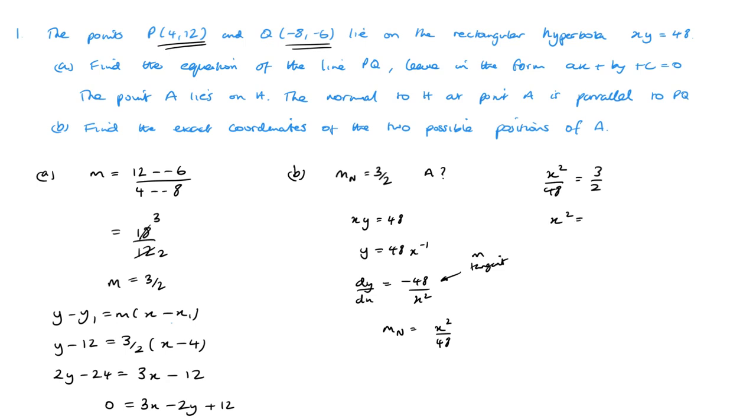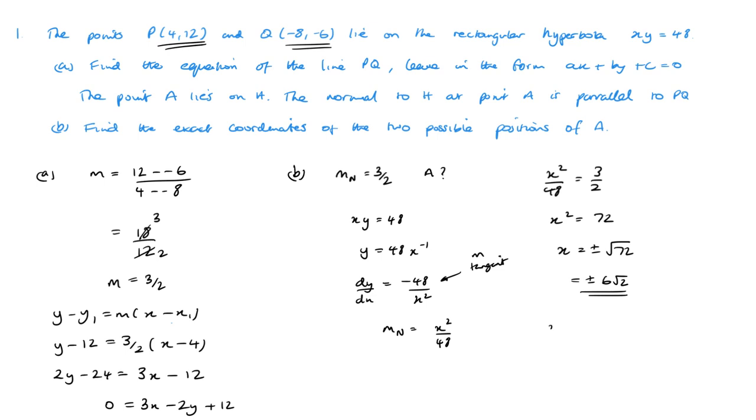So x squared equals 72. So x equals plus or minus square root of 72, or plus or minus 6 root 2. So that's my x value, and then my y value.